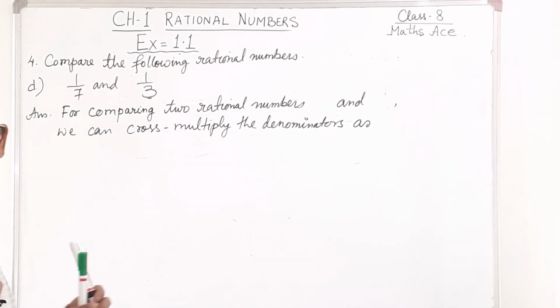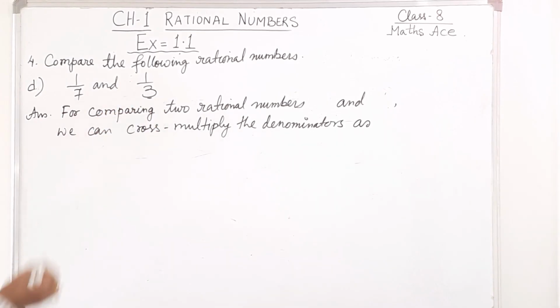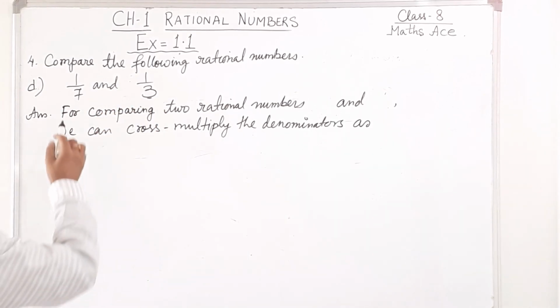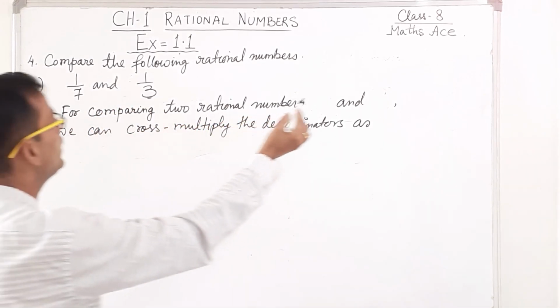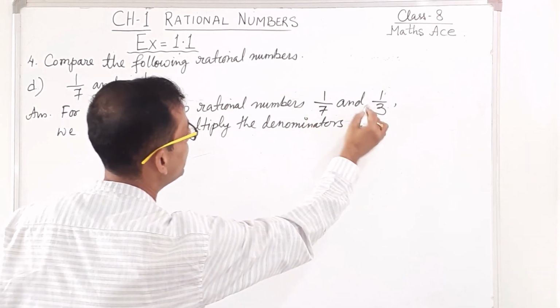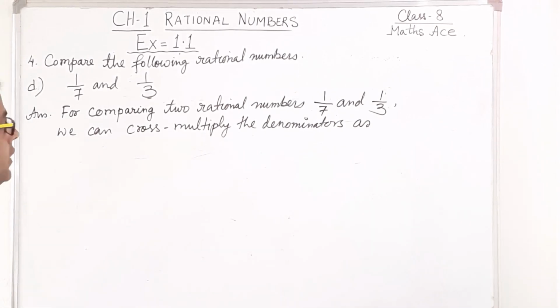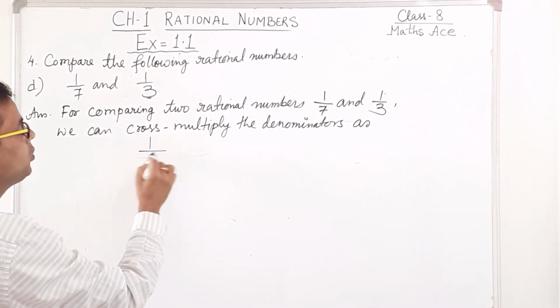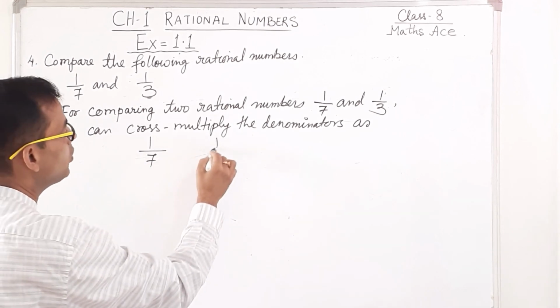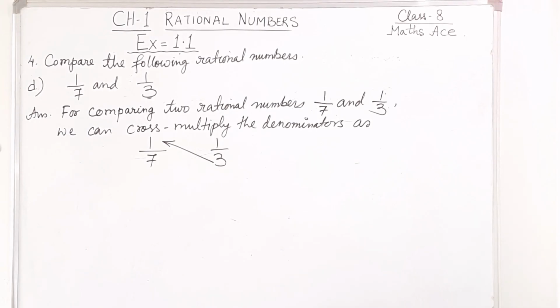Okay. Now question number 4D, 1 by 7 and 1 by 3. Same way we will solve for comparing two rational numbers, 1 by 7 and 1 by 3. We can cross multiply the denominator. So how we will cross multiply? 1 by 7 or 1 by 3. So this one you will cross multiply.